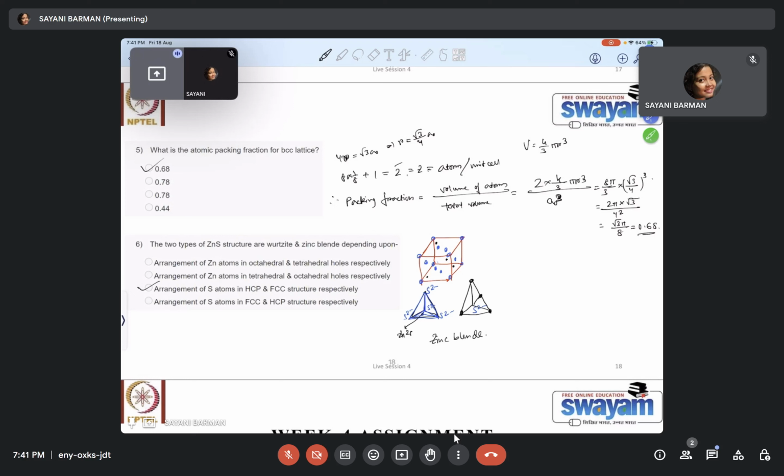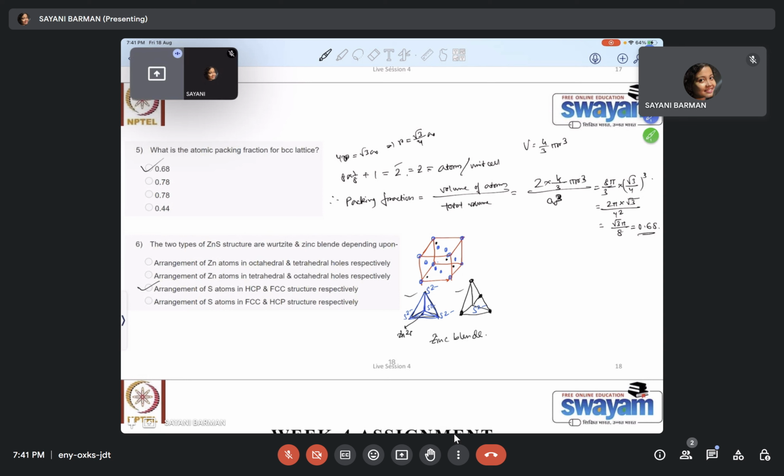Now for wurtzite also, the structures are similar: both Zn and S sit in tetrahedral geometry. For both wurtzite and zinc blende, the coordination numbers of cation and anion are four.